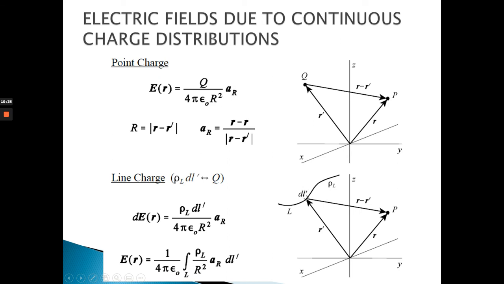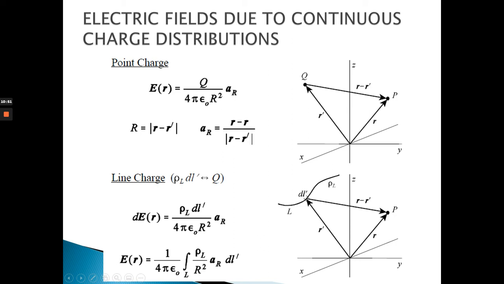Now you can see how it happens. This is the point charge that we know already. If we want to find the electric field due to a point charge, it becomes like this.